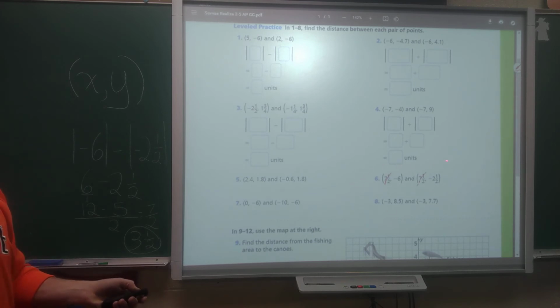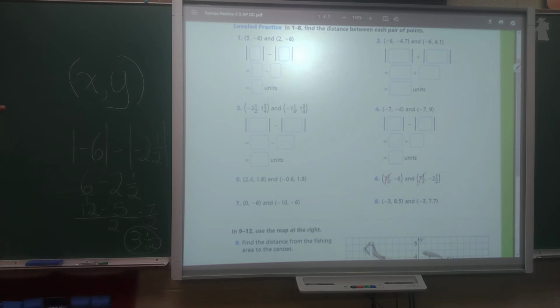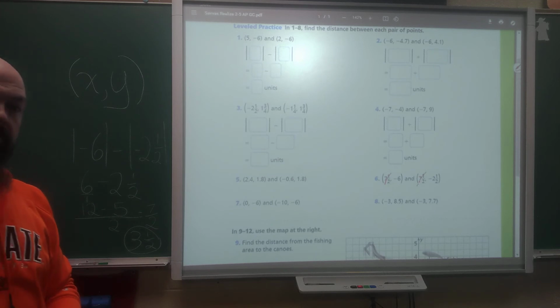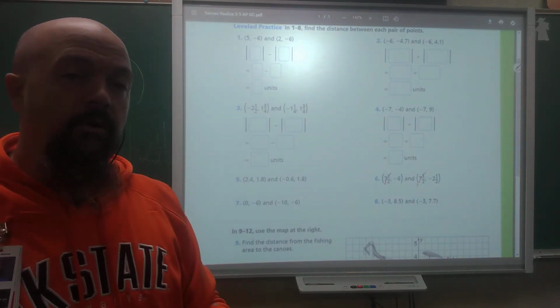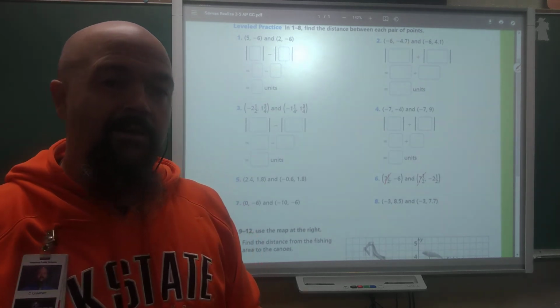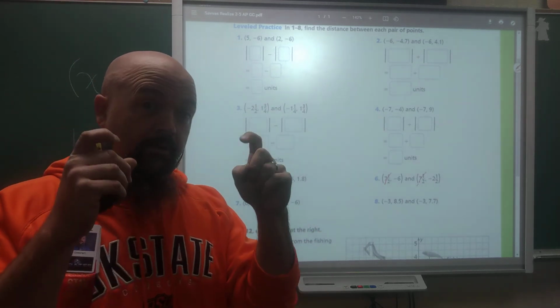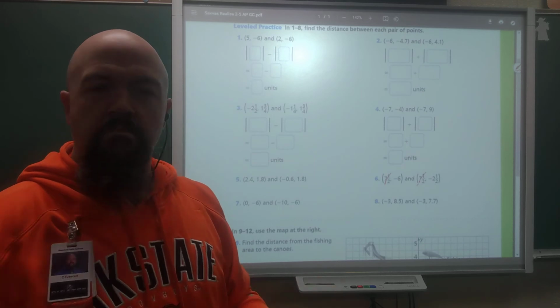I just gave you the actual process, the work that you need to show and do for number 6. I know you're doing this virtually, so it's going to be a little trickier, but if you want to do it on a piece of paper and take a snapshot and email that to me, go for it.